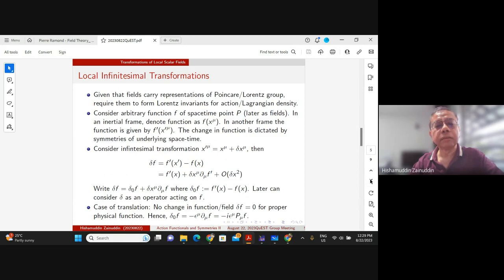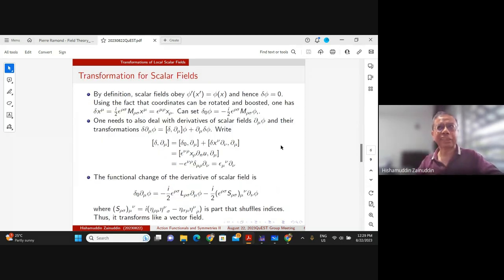So let's look at the next simplest case to think about, the scalar fields. By definition, your scalar fields are just functions that do not change under change of coordinates. So in other words, your phi dash x dash will be just the same as phi x. In that particular case, you know directly from that assertion that your delta phi is going to be 0, and then you can simply get your delta naught, the functional change.